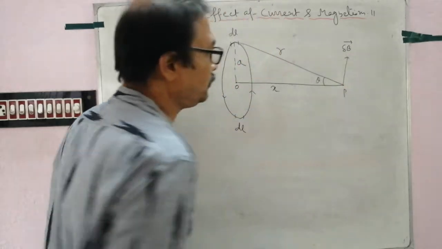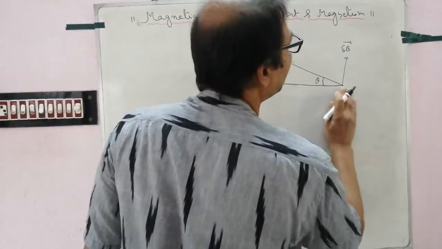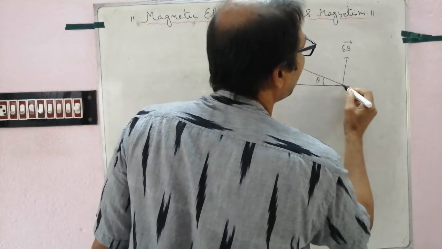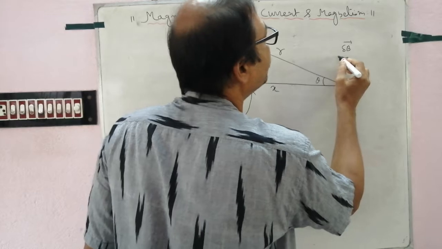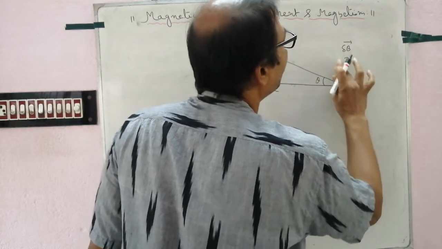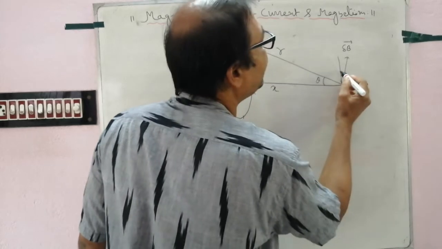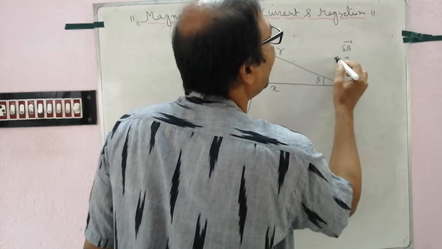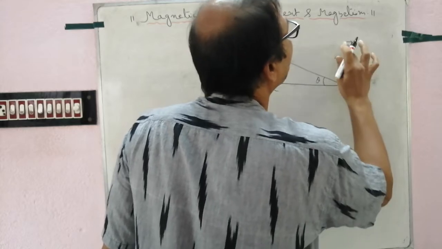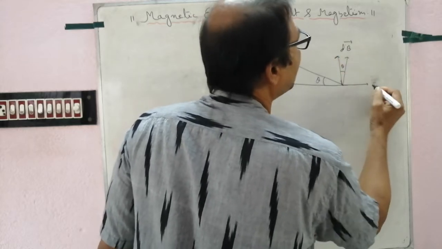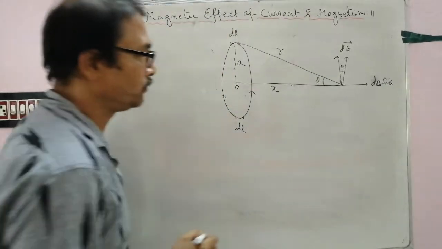We take the two components of the magnetic field. Follow this angle theta, this angle theta. So this is dB, this is dB sine theta.